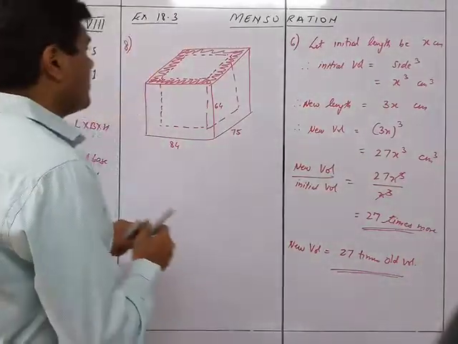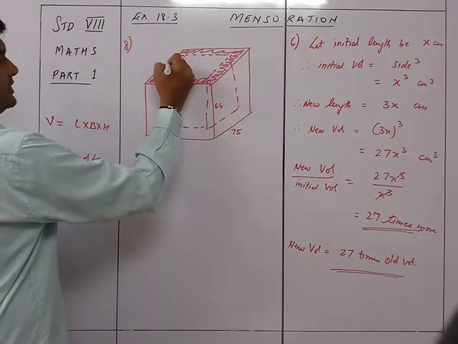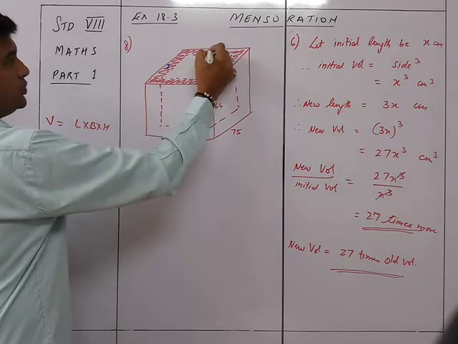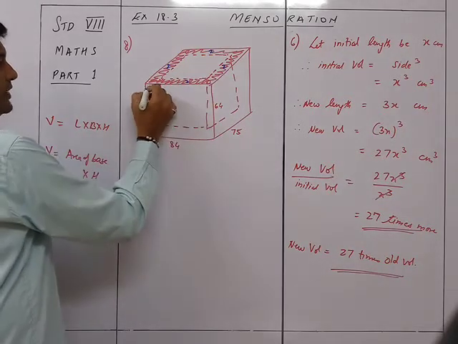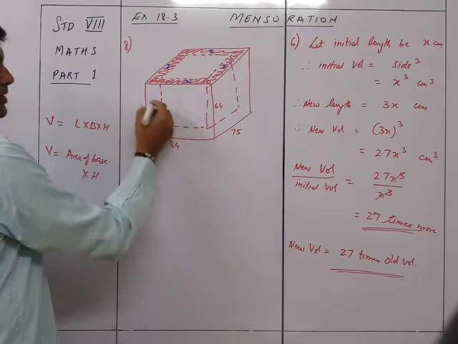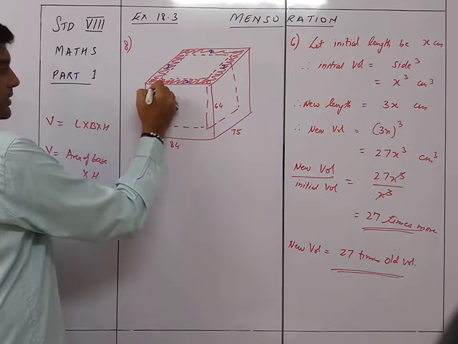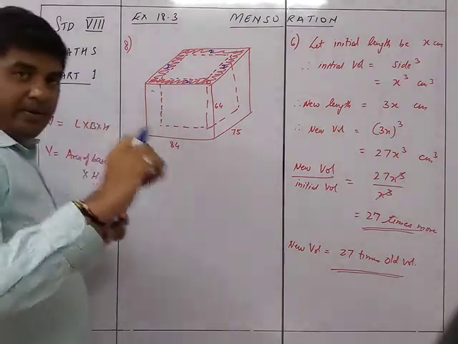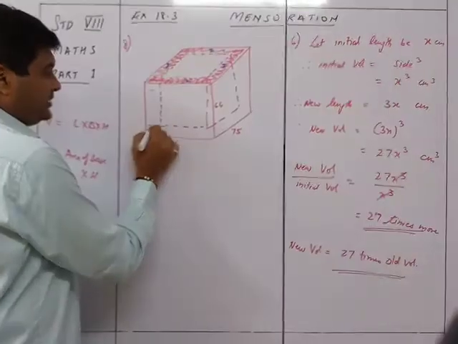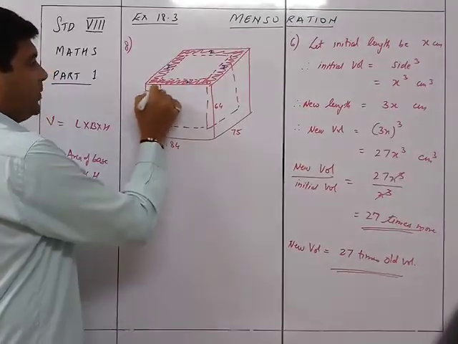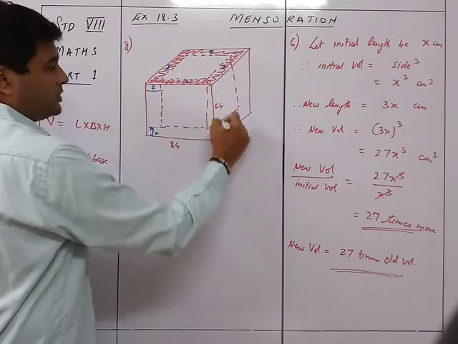So the thickness of the box is given to you as 2 centimeters. This is 2 centimeters. This is 2, this is 2, this is 2 and this is 2. Same way for the height also. The height also there will be 2 centimeters because अगर अंदर से देखेंगे तो वो भी नीचे भी उतना thickness मिलेगा. This is also going to be 2 centimeters. Over here it will be 2 centimeters. Over here also there will be 2 centimeters.